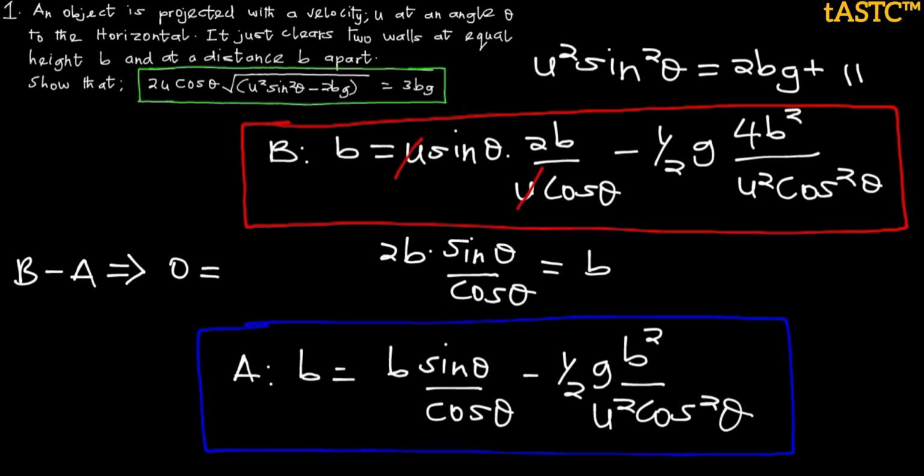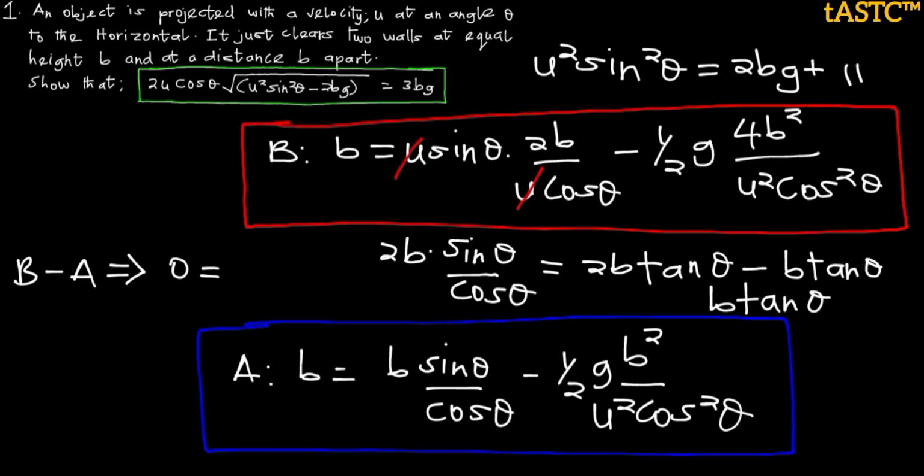Now you need to know that if you got sine theta divided by cosine theta, that will be tan theta. So this is 2b tan theta minus b tan theta, which is basically going to give us a b tan theta, because in that case we got 2 of it subtracting 1 of it. So that will be b tan theta.